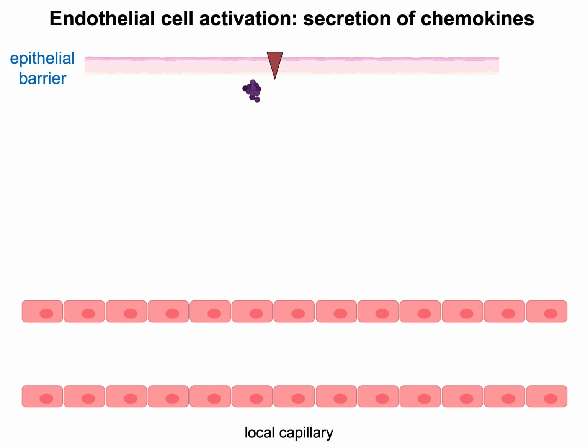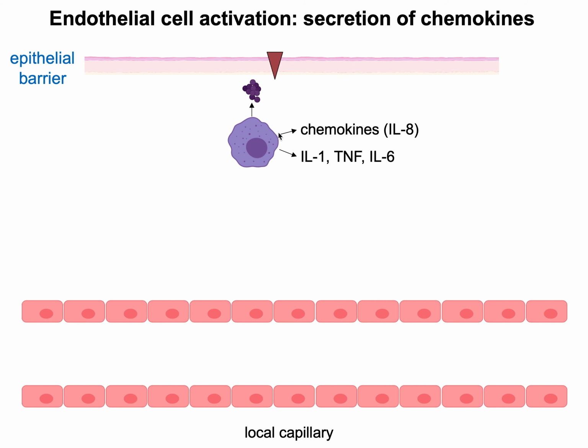So here I've shown a picture of an epithelial barrier that has been compromised and some bacteria that are now infecting the underlying tissue, as well as a local capillary. And as we've mentioned before, there are macrophages within that tissue that express pattern recognition receptors that can recognize pathogen-associated molecular patterns expressed by these bacteria.